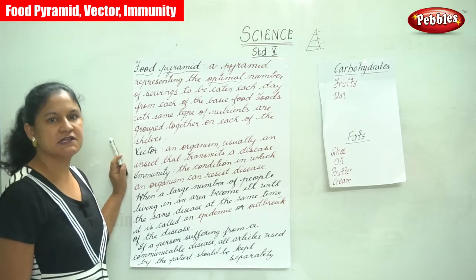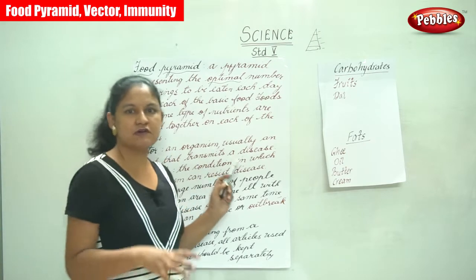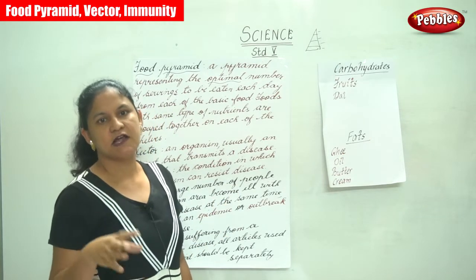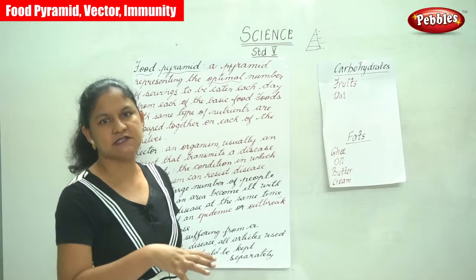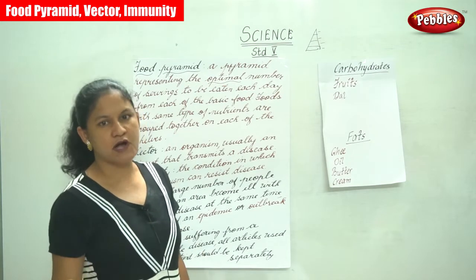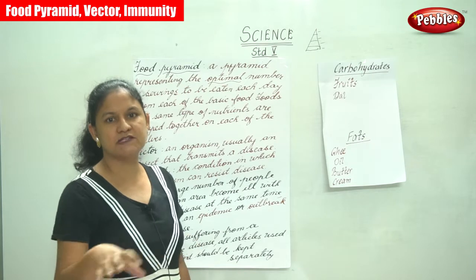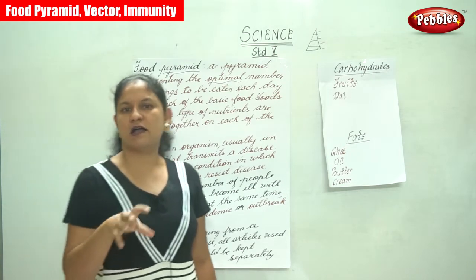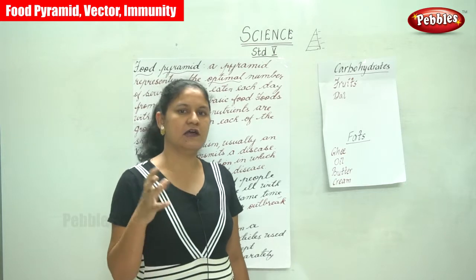We have already seen a balanced diet, that is a diet that includes the fats, the proteins, the carbohydrates, the minerals. So all the basic components need to be included in our everyday meal, in our diet.